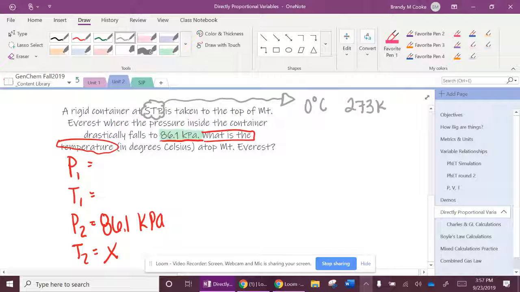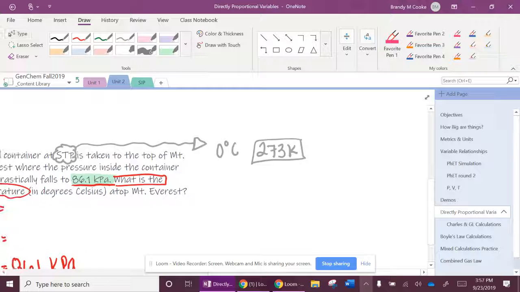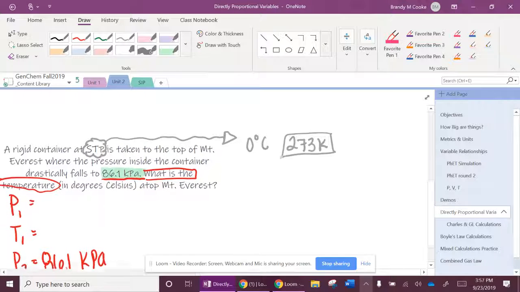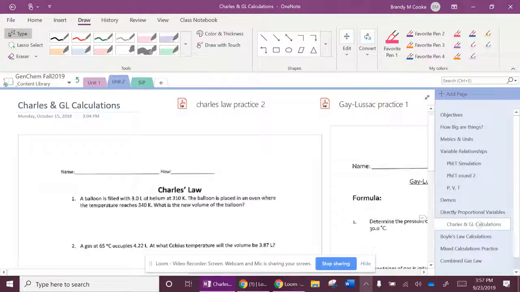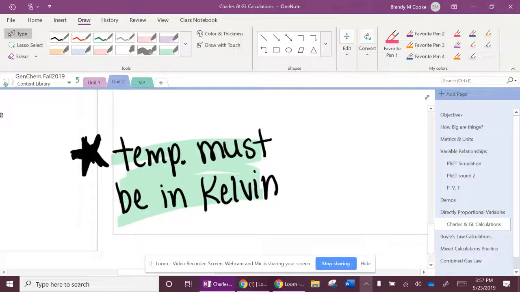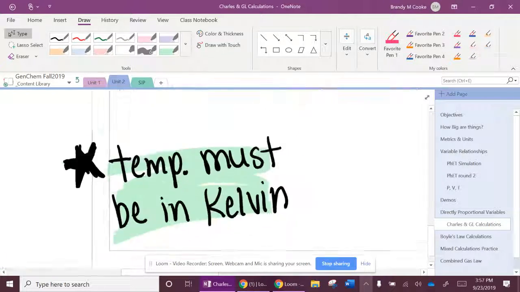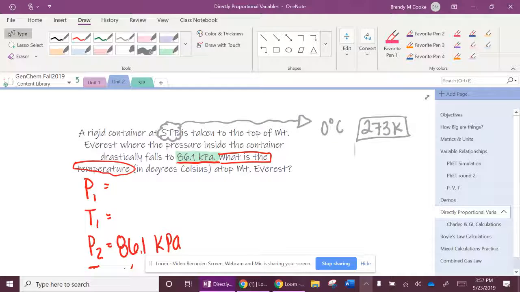And I asked you which one should we use, and hopefully you answered this one. Why? Because all calculations must be in Kelvin, right? Look at that: temperature must be in Kelvin. So that's why we're doing that. And that gives me my T1 of 273.